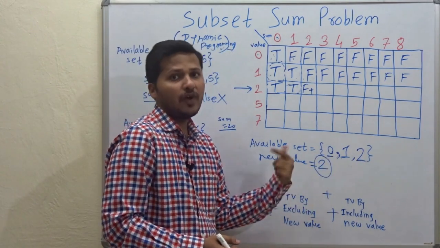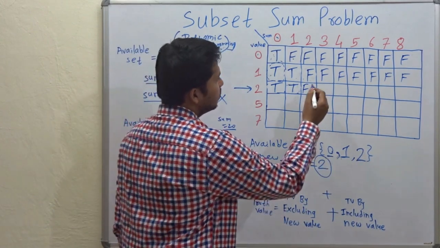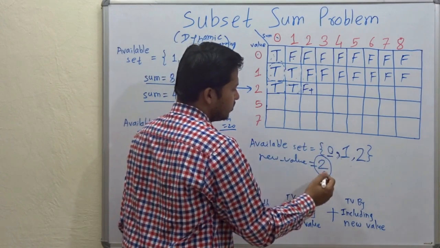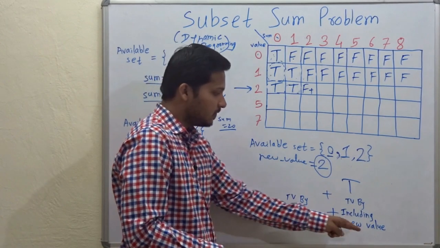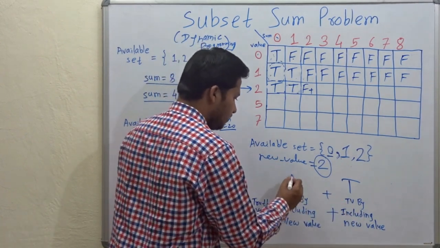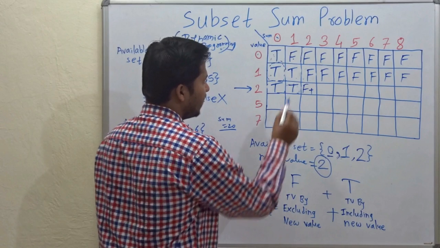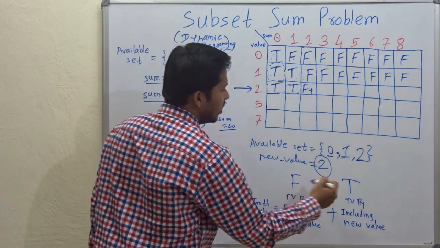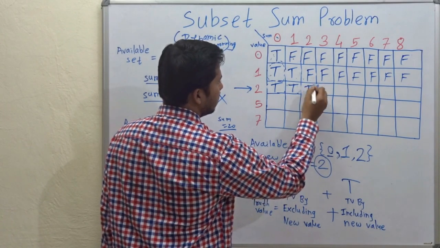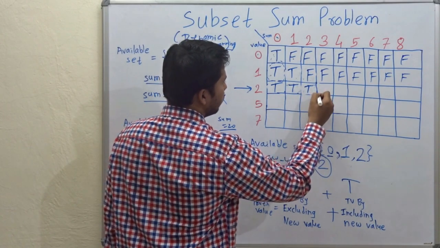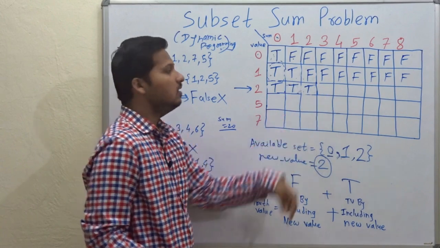As the new value is 2 itself, you can surely form 2. So by including the new value, the truth value is true, and by excluding the new value, the truth value is from the above cell, that is false. False or true is true. So that is true.